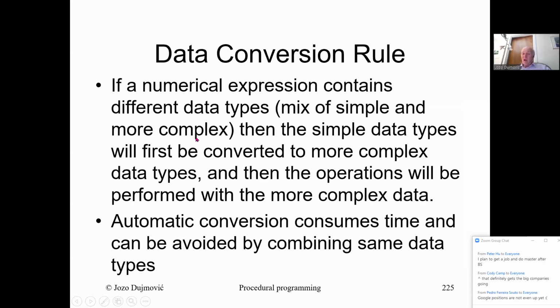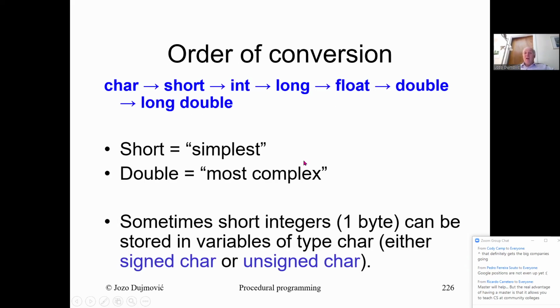Automatic conversion consumes time and can be avoided by combining the same data types. The order of conversion is character, short, integer, float, double, long, etc. Character is the simplest, double is the most complex. Sometimes we also use 1-byte integers for various graph problems, etc.